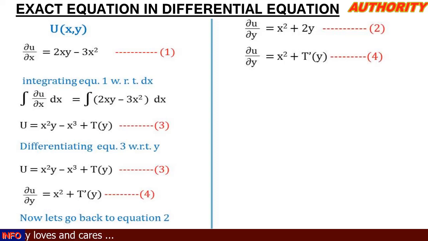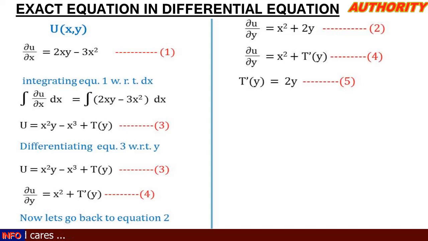So here we have the same partial derivative of u with respect to y in both equations, and we also have x squared in both. So that means these two equations are the same. But we don't know the t prime of y. We can say that t prime of y is equal to 2y.